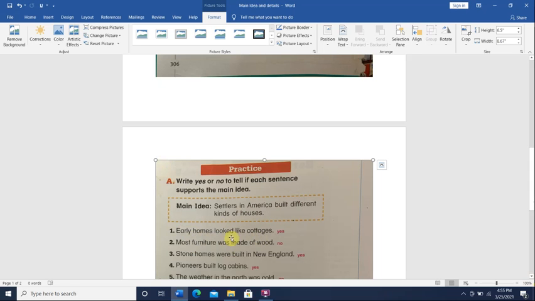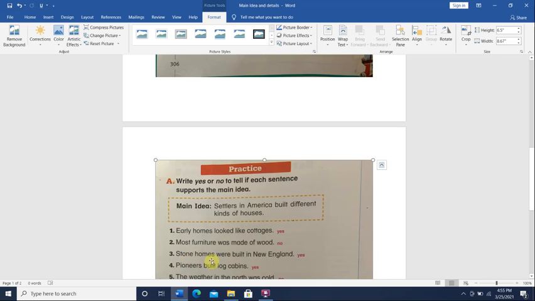Early homes means homes from the past looked like cottages. Do you think that this sentence supports the main idea? Yes. Most furniture was made of wood. No, because remember we're talking about the different kinds of houses, so no.